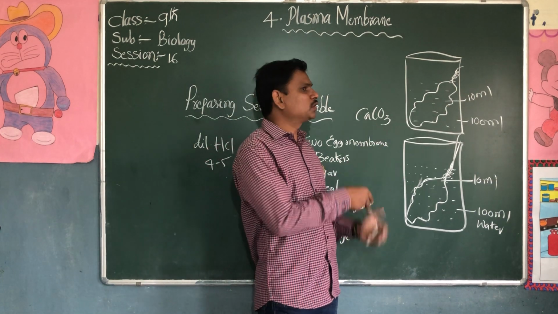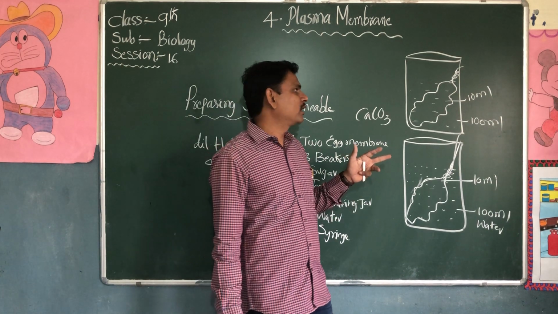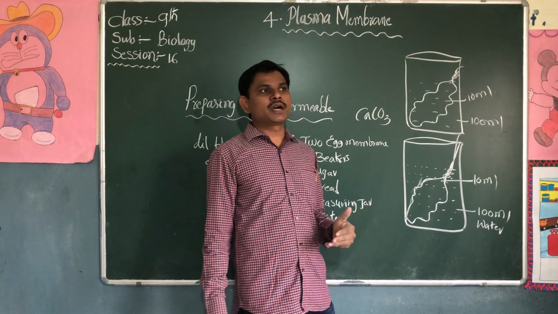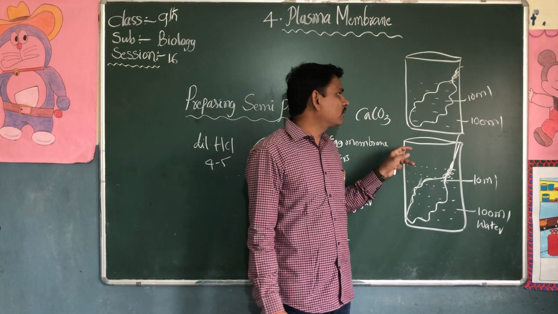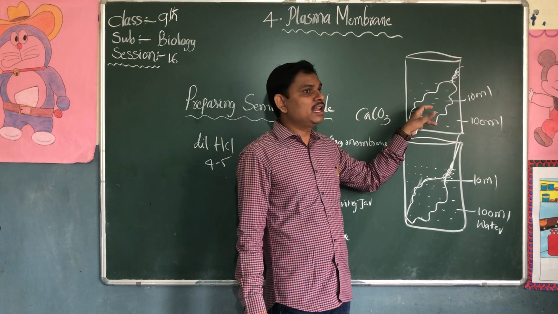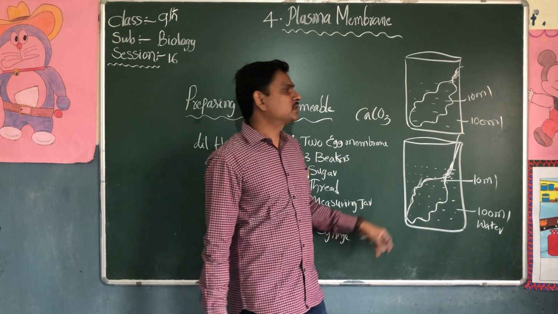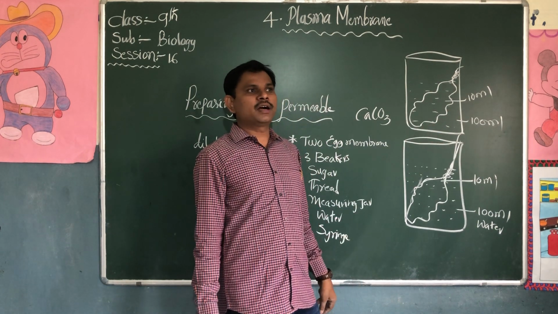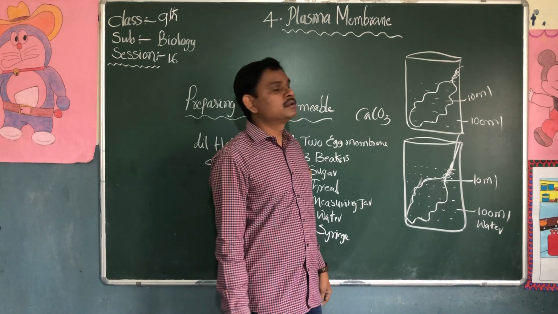What happens? Observe here. The water always moves from the low concentration to the high concentration. Here, the water moves from the egg cell into the beaker, because the water present in the beaker is high concentration compared to the water present in the egg cell.